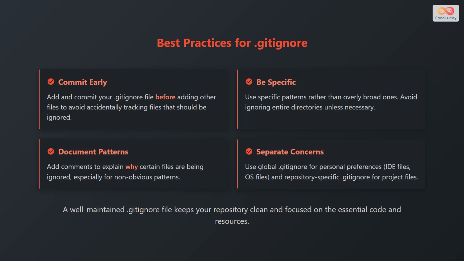Document your patterns by adding comments to explain why certain files are being ignored, especially for non-obvious patterns. Separate concerns by using a global .gitignore file for personal preferences, such as IDE files and OS files, and use repository-specific .gitignore files for project files. A well-maintained .gitignore file keeps your repository clean and focused on the essential code and resources.